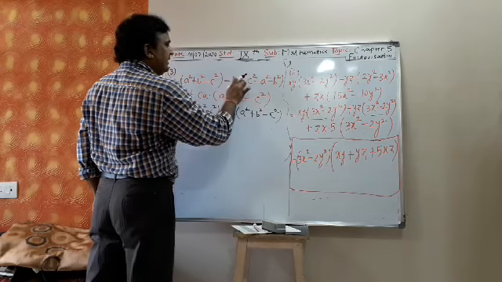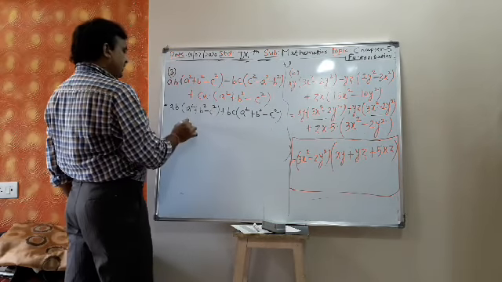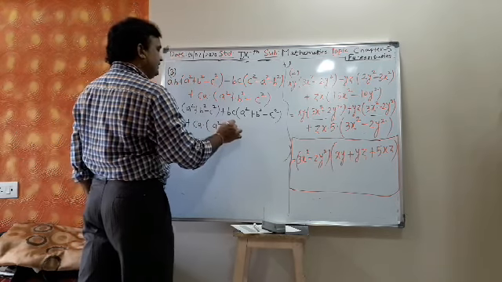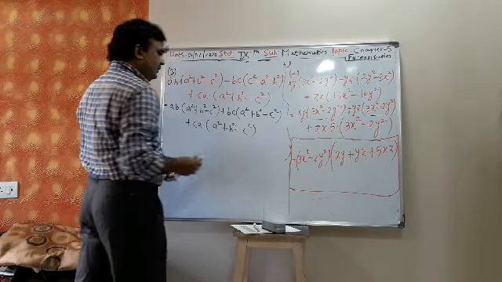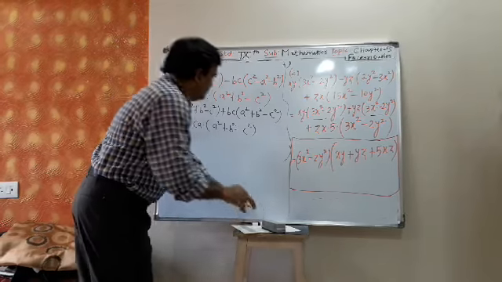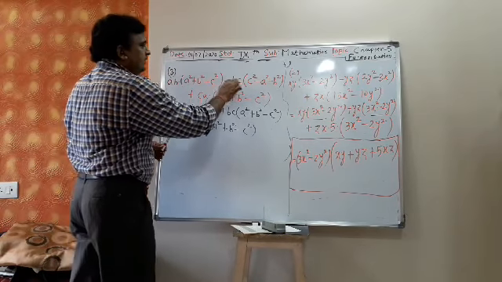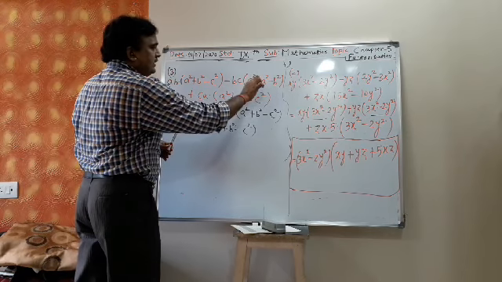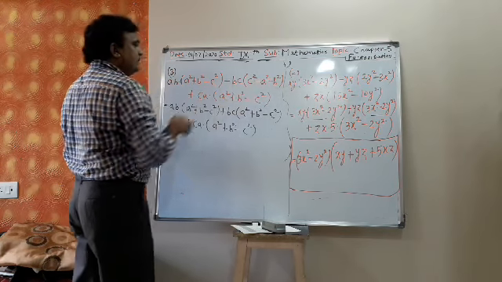This minus I am taking inside, plus ca into a square plus b square minus c square. This minus I have taken inside, so it becomes minus c square plus a square plus b square, which I can write as a square plus b square minus c square.